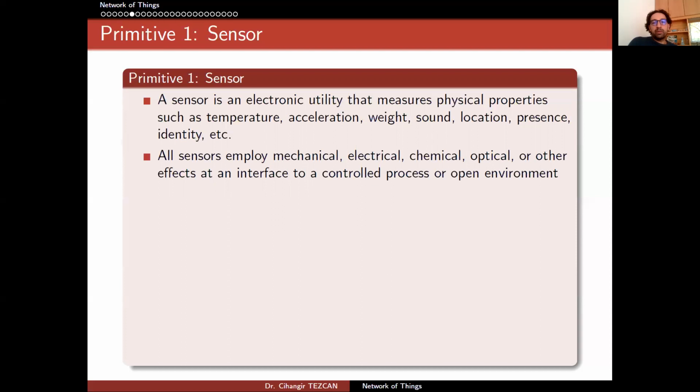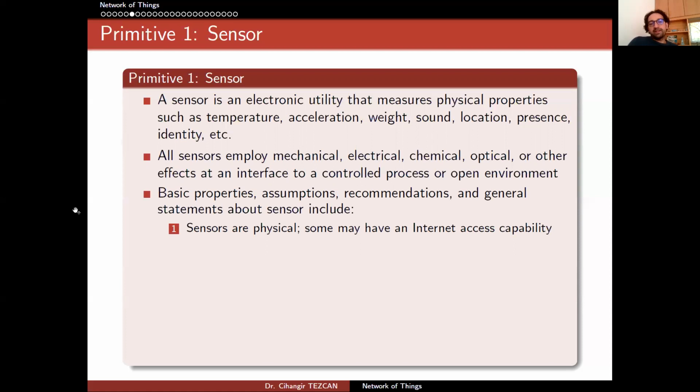All sensors employ mechanical, electrical, chemical, optical, or other effects at an interface to a control process or open environment. Basic properties, assumptions, recommendations, and general statements about sensors include: sensors are physical. Some may have an internet access capability.